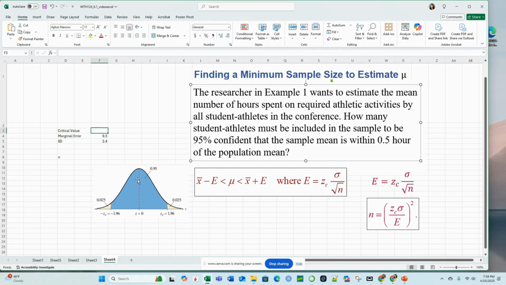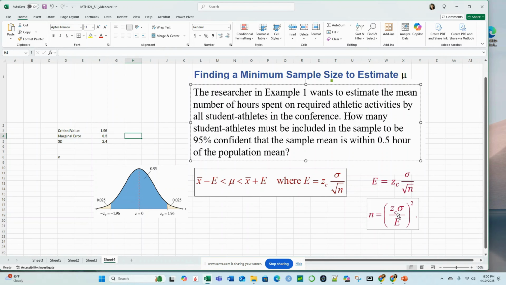How can we find the critical value? According to the confidence interval, here the confidence is 95%. We already found this. When the confidence is 95%, then you can find the critical value is 1.96. So I will type here critical value also 1.96.